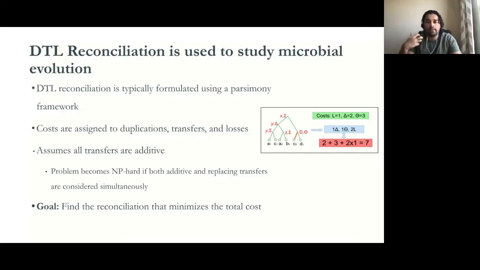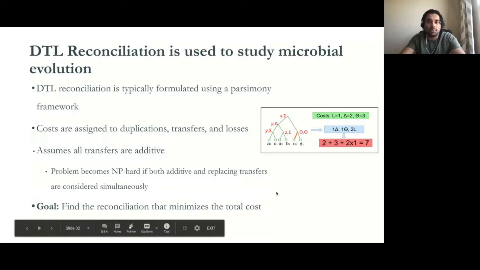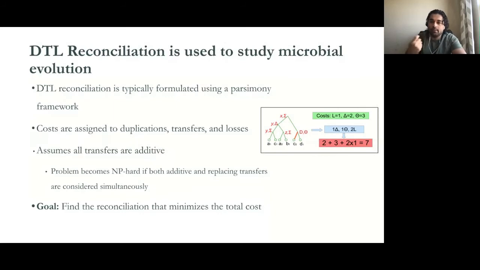Though it can also, of course, be used to study any kind of scenario where transfer events play a role in the evolutionary history. And generally, a DTL reconciliation is formulated using a parsimony framework. So you assign costs to these different evolutionary events.